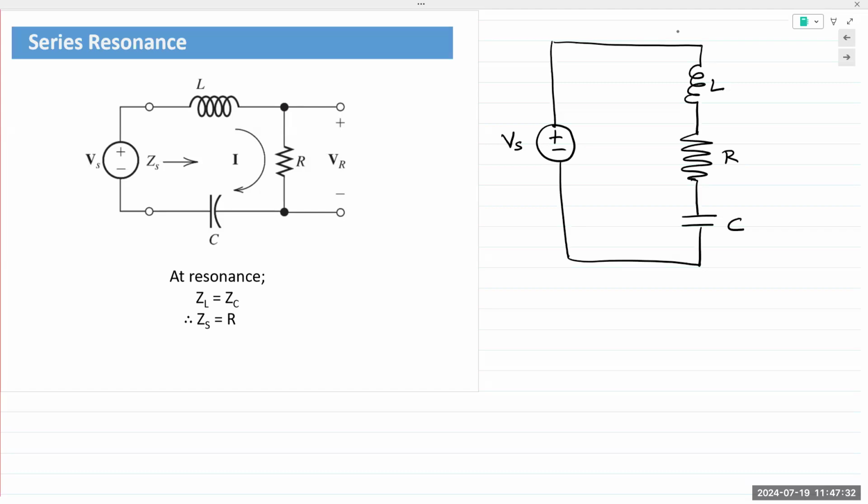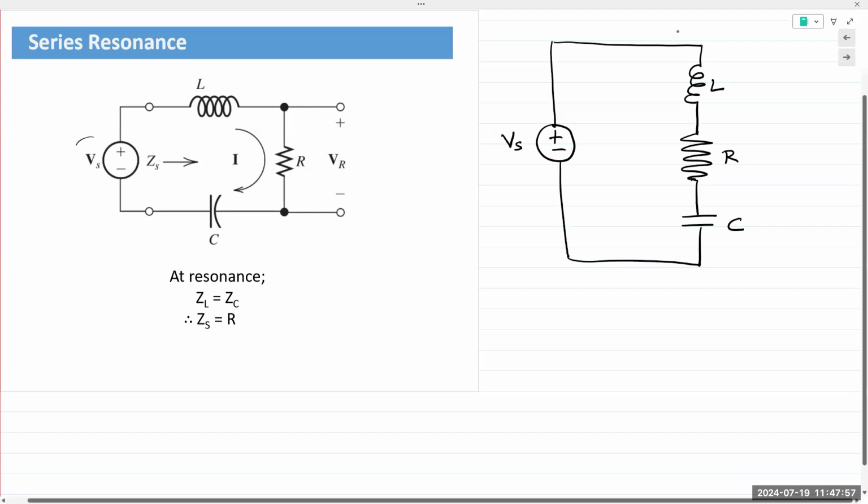So if you have both these components together in a circuit, when energy flows out of the inductor, it flows into the capacitor. And when energy flows out of the capacitor, it goes into the inductor. So there is energy exchange taking place. And due to this, voltages and currents that are larger than the input source could appear in the circuit.